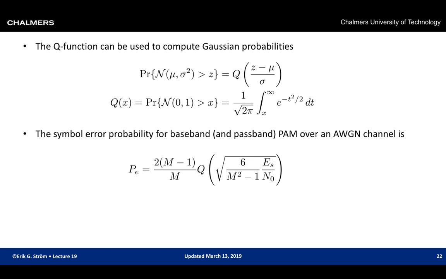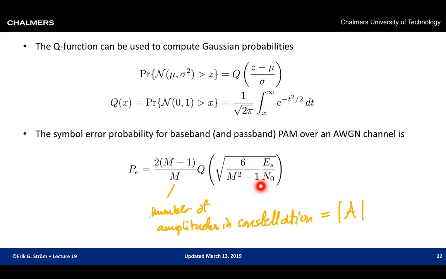We see the number of amplitudes in the constellation, and the constellation is the amplitudes in the set A. If we take the cardinality, counting the number of elements in the set, we get M. Then we have E_s over N_0, where N_0 depends on the channel, and E_s we have just calculated.